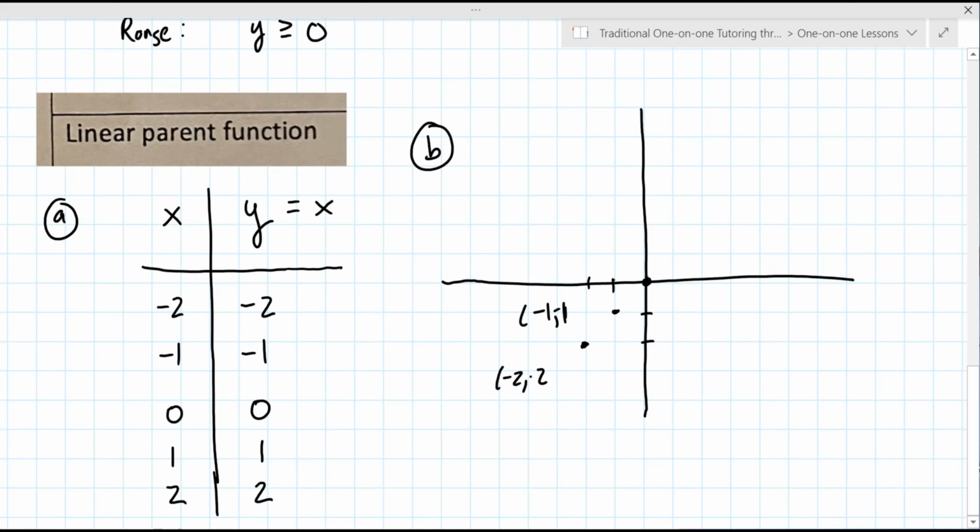It's right in the middle. Okay, and then 1, 1. And then the next one is 2, 2. Now this is a line that goes up and to the right and down. Let me just write it.